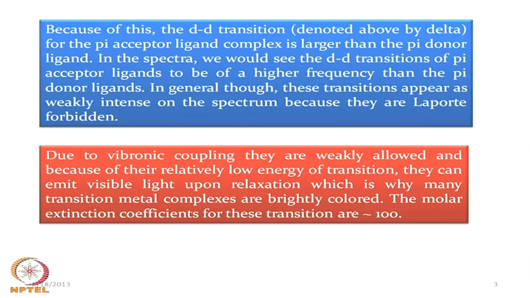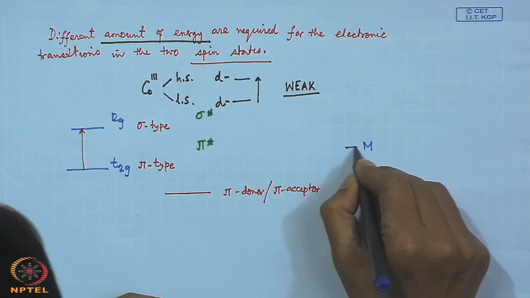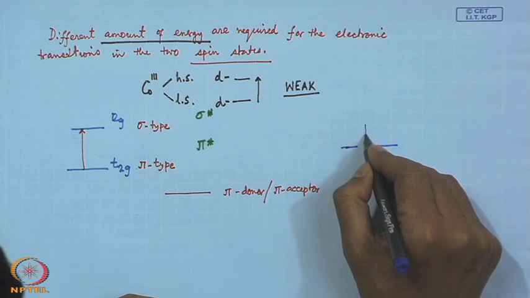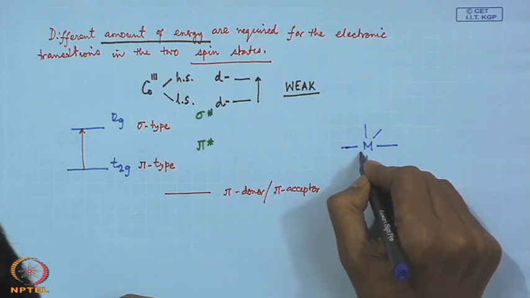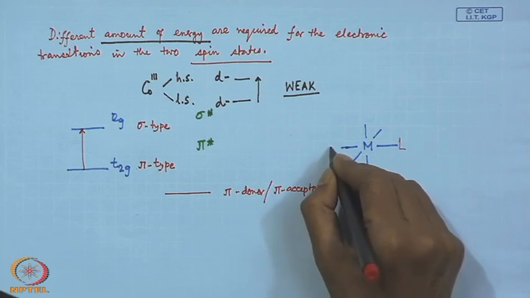In the true sense, mathematically we can say that the Laporte rule will not allow these d-d transitions, but due to some coupling which we call vibronic coupling, it is relaxed. Consider a metal center where 6 ligands are attached.